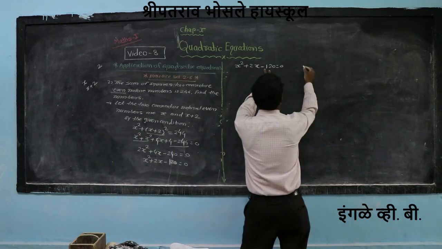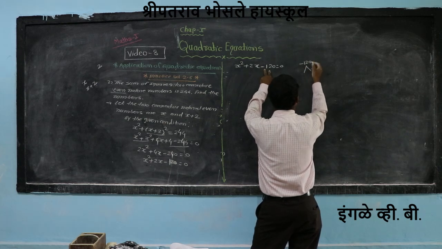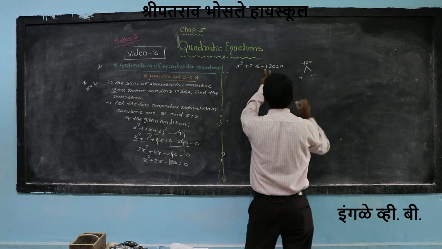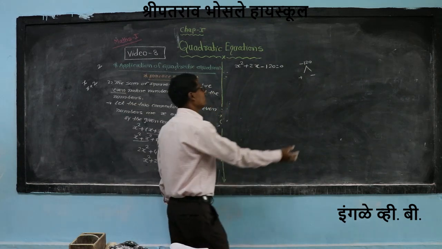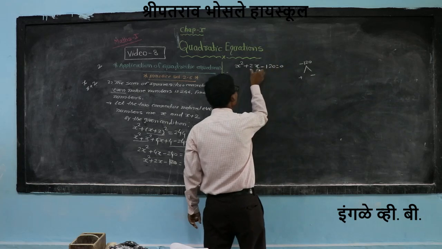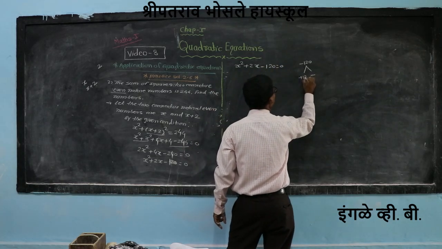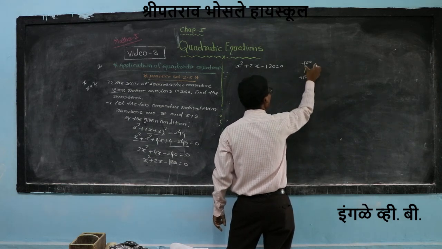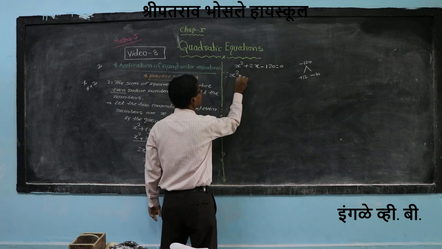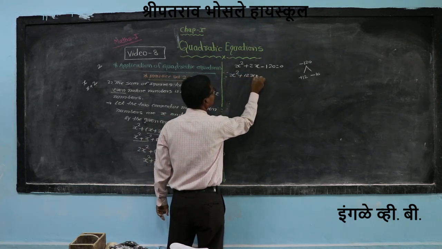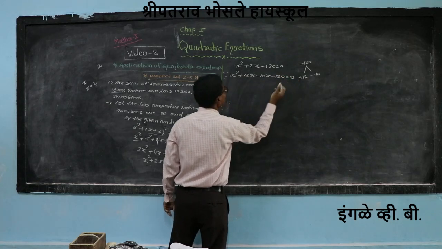Now the third term is negative, minus 120. The third term is negative, so one factor is positive and one factor is negative. We have to find two factors such that the product is 120 and the difference is 2. The middle term is positive, so the bigger number is 12 and the other is 10. So x square plus 12x minus 10x minus 120 is equal to 0.